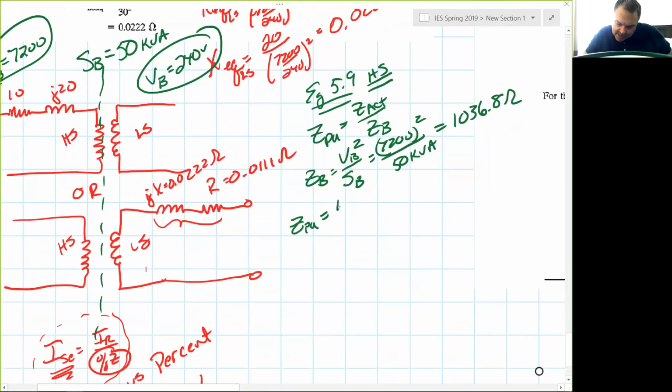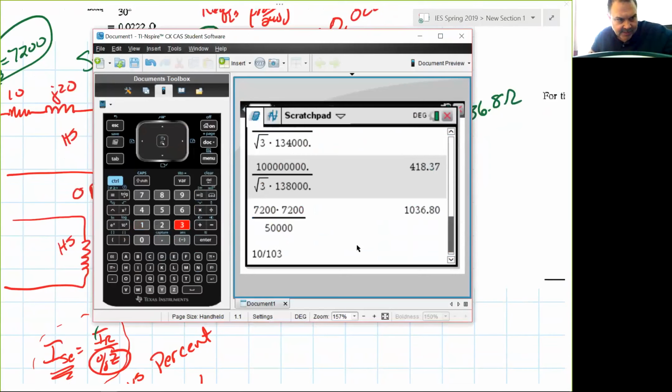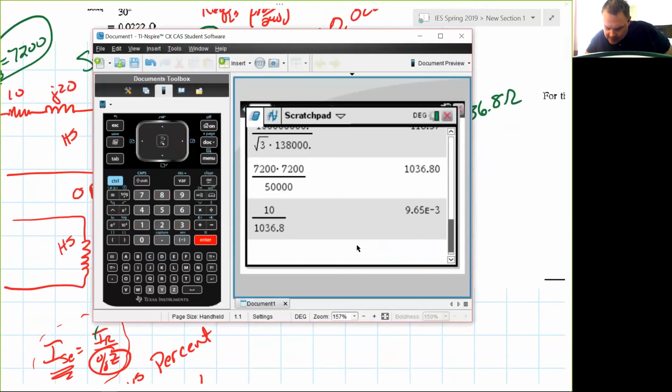So Z per unit equals Z actual over Z base. On the high side, it's 10 plus J20 over 1036.8. And ZPU turns out to be what? Well, it would be 10 divided by 1036.8. What is that?